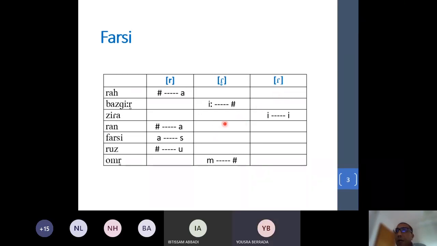Now, very quickly, have a look and try to determine whether the distribution of each variant is different. Taking a quick look, you can see that this variant occurs between the two vowels here.